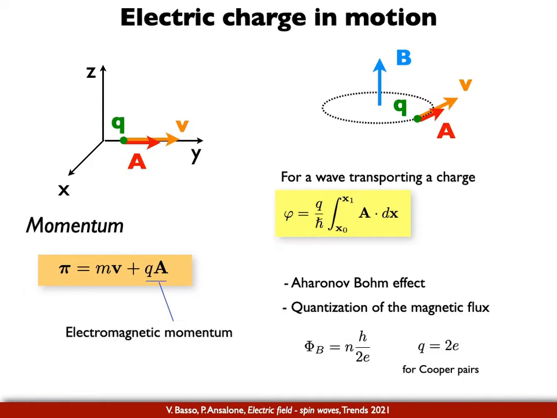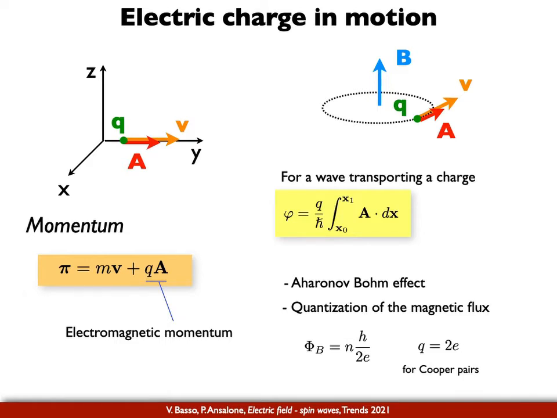This is quite a well-known result and is at the base of several effects in physics related to the wave nature of particles. For example, let's take the Aharonov-Bohm effect, a quite important effect in physics. It tells that if I have a particle, for example an electron with charge, and this particle has a path which surrounds a certain region with magnetic field B, but the trajectory of the particle doesn't cross any region with B, so B is equal to 0 in the path of the particle, we have an accumulation of the phase all the same, because the vector potential will be non-zero, and therefore there can be interference effects.